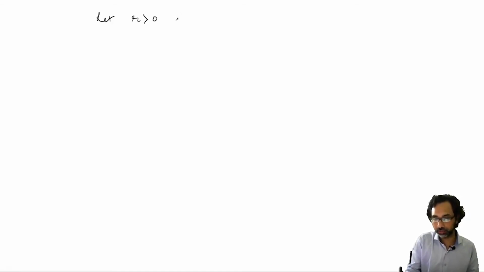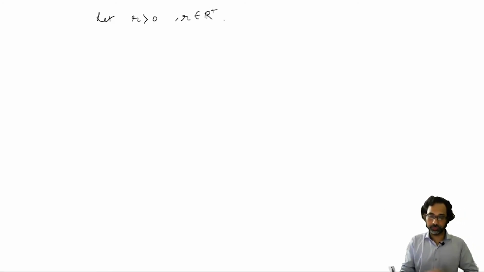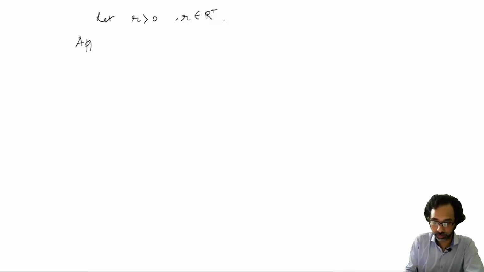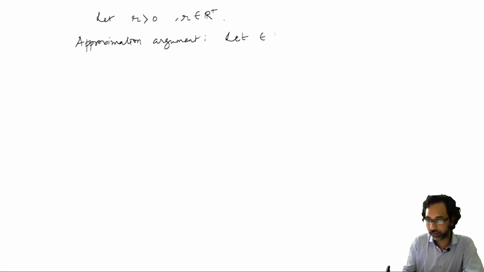So let's do this for any positive real number r. For this one we cannot use finite additivity directly, so we will use an approximation argument. Suppose that we have a number epsilon greater than 0, an arbitrary number which we can make as small as possible.